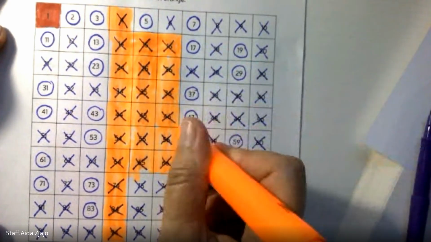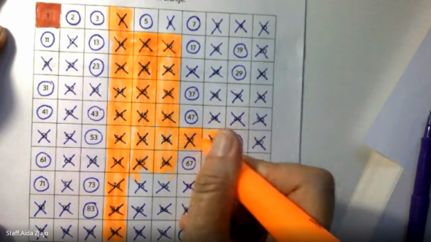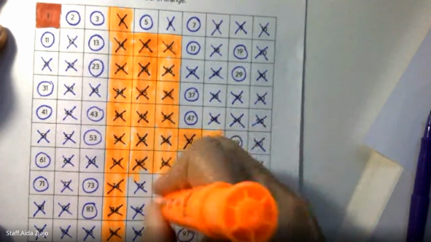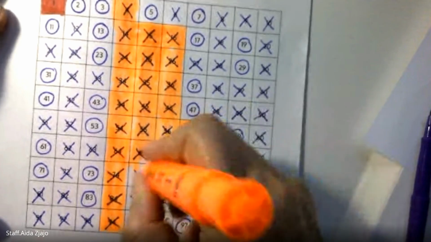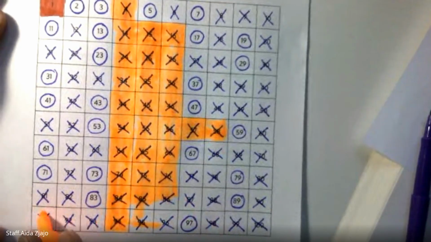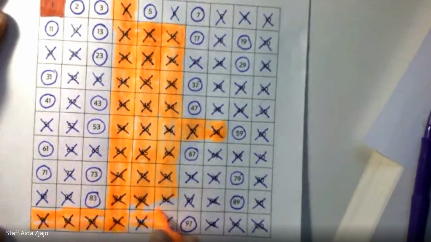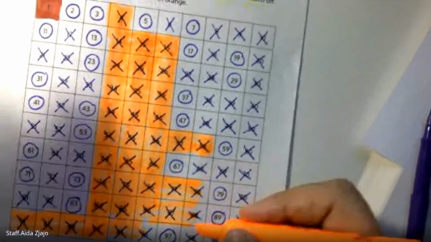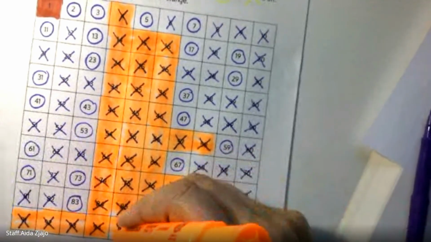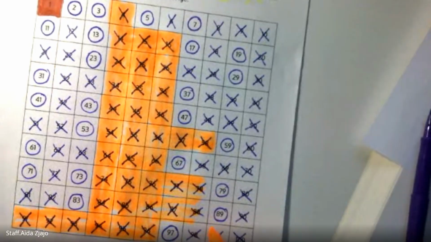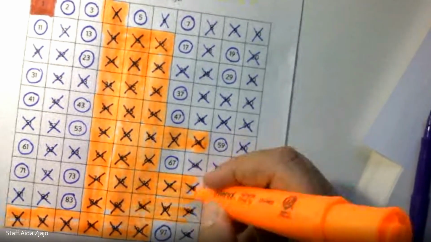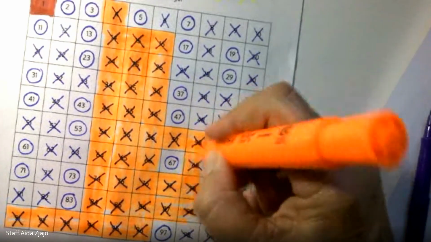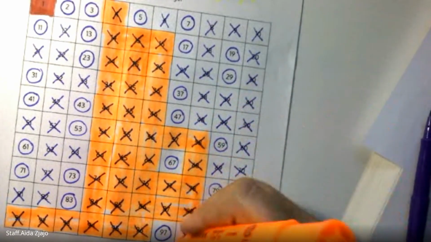I like this orange. Takes time. Try my best, as quick as I can.